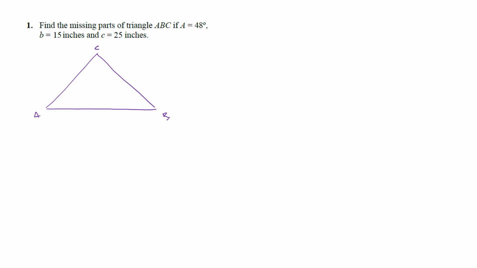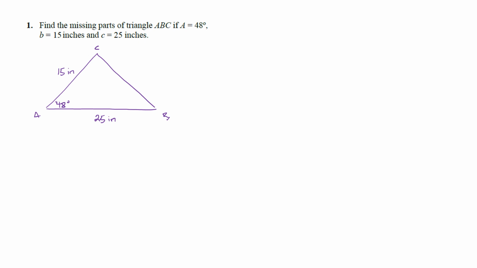I know angle A is 48 degrees, side B is 15 inches, and side C is 25 inches. So we need to find all of the missing parts, that would be angle B, angle C, and side A.